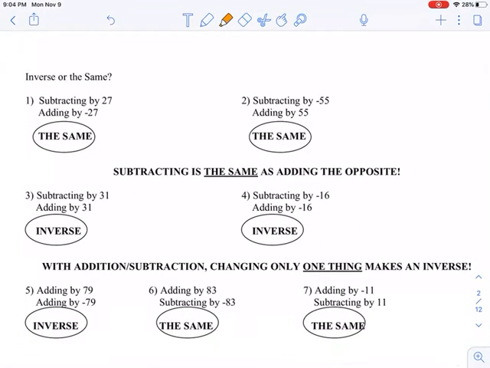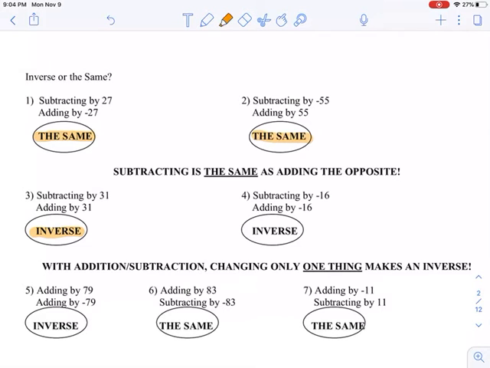So let's look at these here. Inverse or the same. So number 1, we have subtracting by 27, adding by negative 27. That would be the same. And number 2, subtracting by negative 55 and adding by 55. That's also the same. All right, look at number 3. Subtracting by 31 and adding by 31 is an inverse.